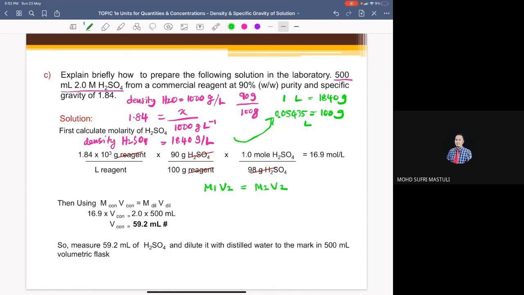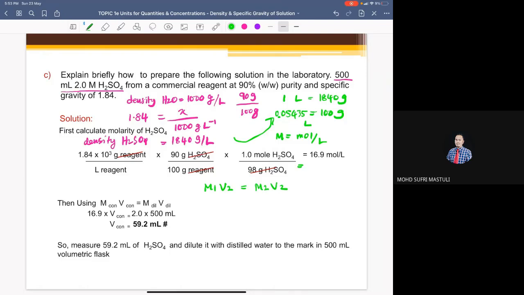You have to calculate the molarity of the commercial reagent. So the molarity of the commercial reagent is mole per liter.